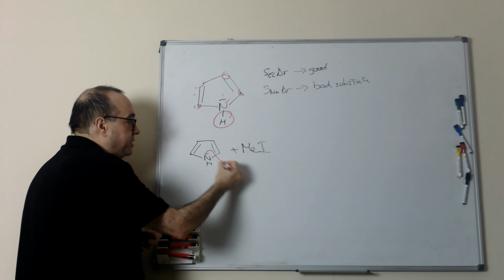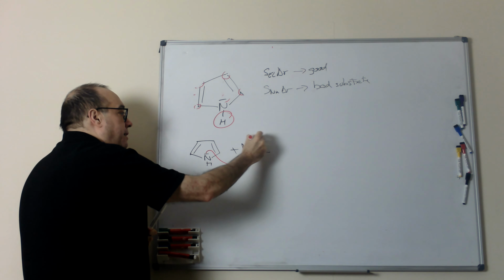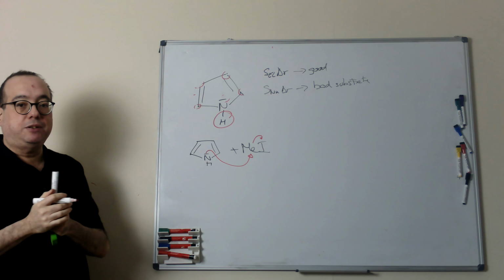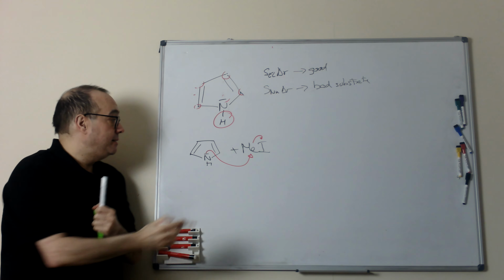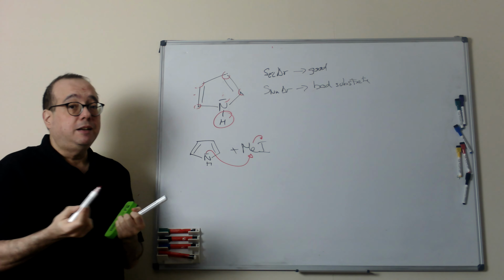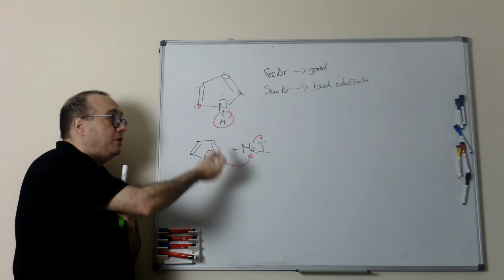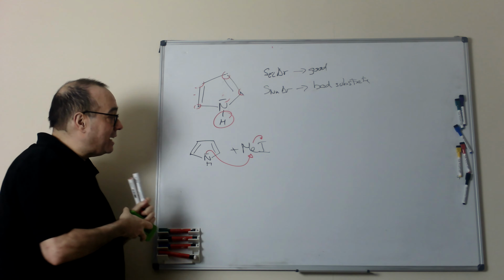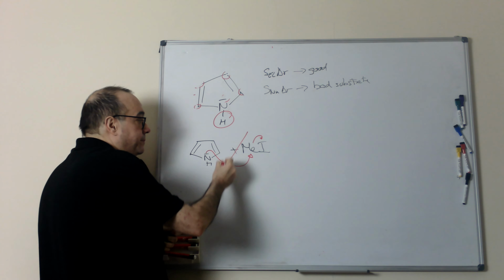The pair of electrons can attack here, SN2, and we get the methylation. But again, the pair of electrons of the nitrogen is not available because it is part of the aromatic system. That means this reaction will never take place.